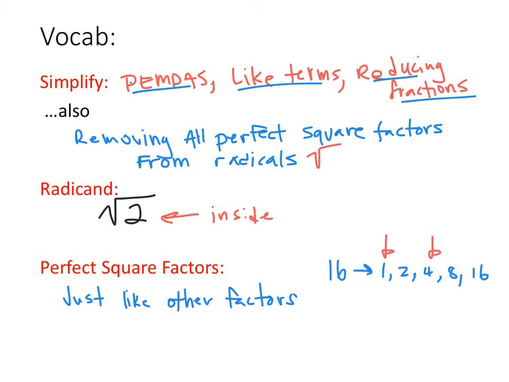So 1, 4, and 16 are all perfect squares that divide into 16. It's just like finding factors, but we're looking for specific factors. And that's what we call our perfect square factors, because those are the things that we can take the square root of and actually find the value very easily.